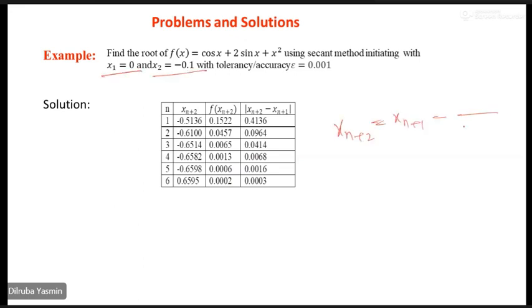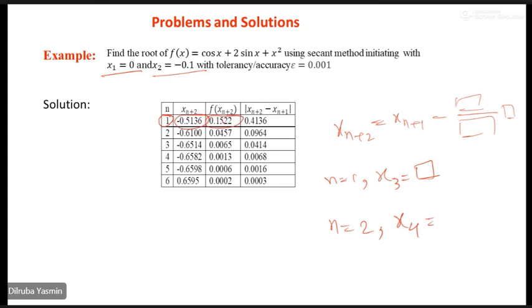then you will get, consider n equal to 1, because the n value starts from 1. So what do you get? You get x3 value. When you consider n equal to 2, you will get x4 value. So when you consider n equal to 1, you get this x value, and for this x value you have to calculate the functional value.